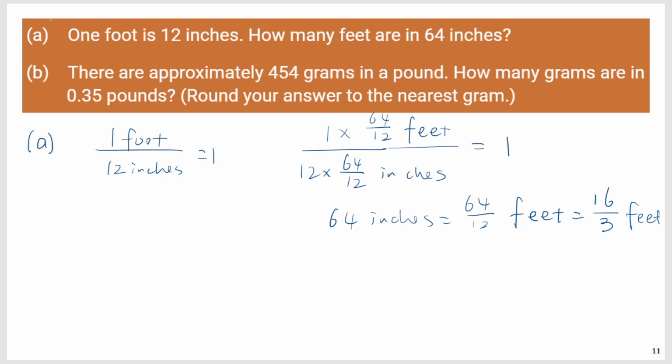So how about the second question? There are approximately 454 grams in a pound. How many grams are in 0.35 pounds? Round the answer to the nearest gram.